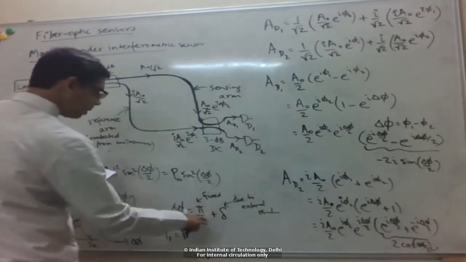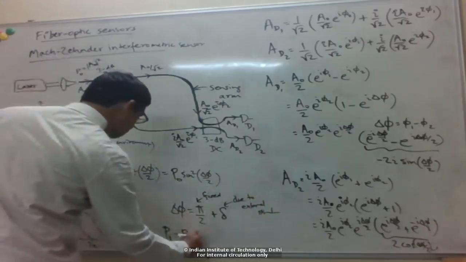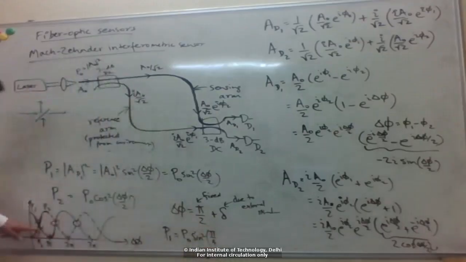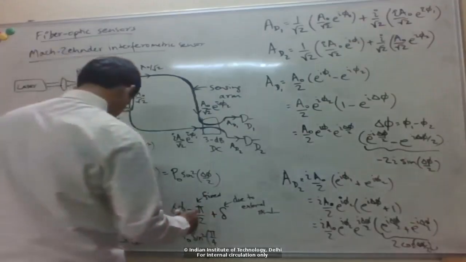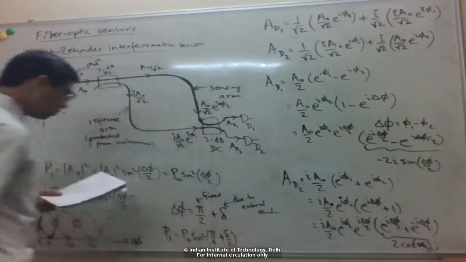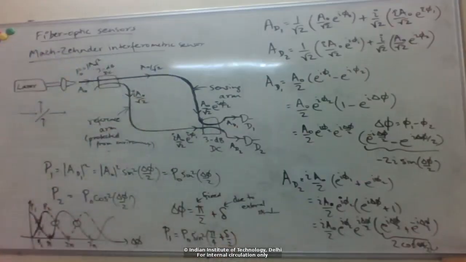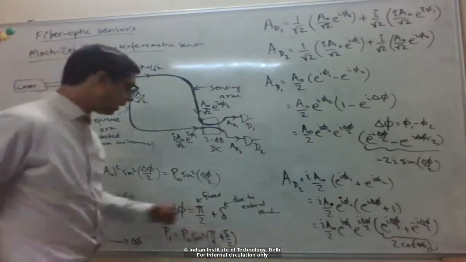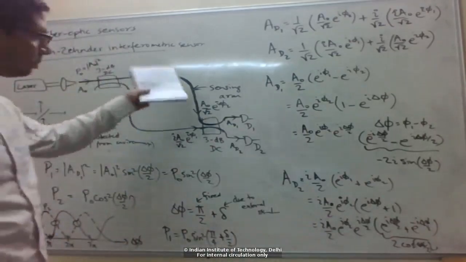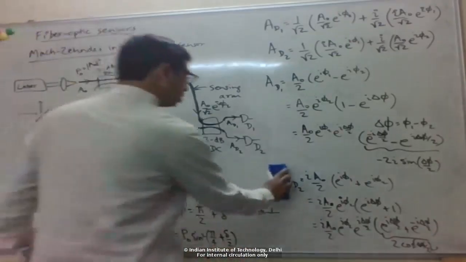For delta phi, I substitute pi by 2 plus this delta. So I get sine square of pi by 4, which is basically half, plus delta by 2. Okay? And for small delta, right? So basically we want to sense some very small changes.